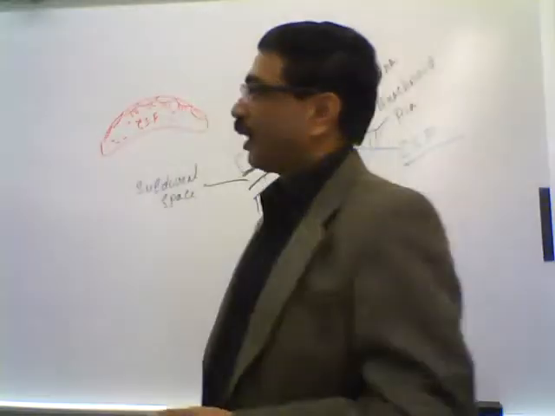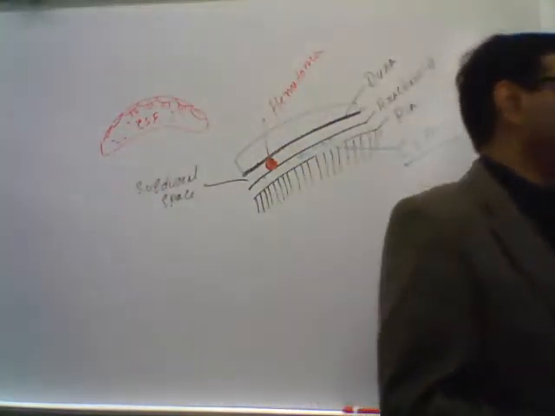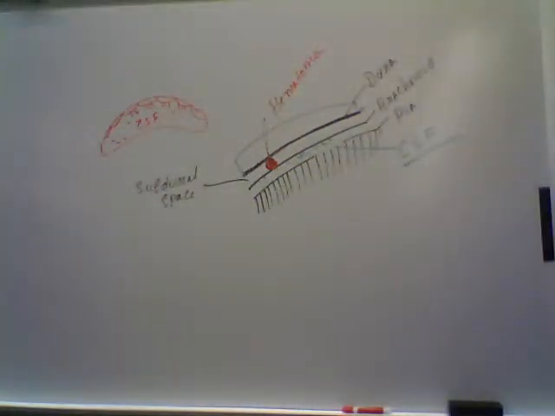Now you see two lateral horns. These two are lateral horns, and two lateral ventricles, and this is the third ventricle, and here is the fourth ventricle.